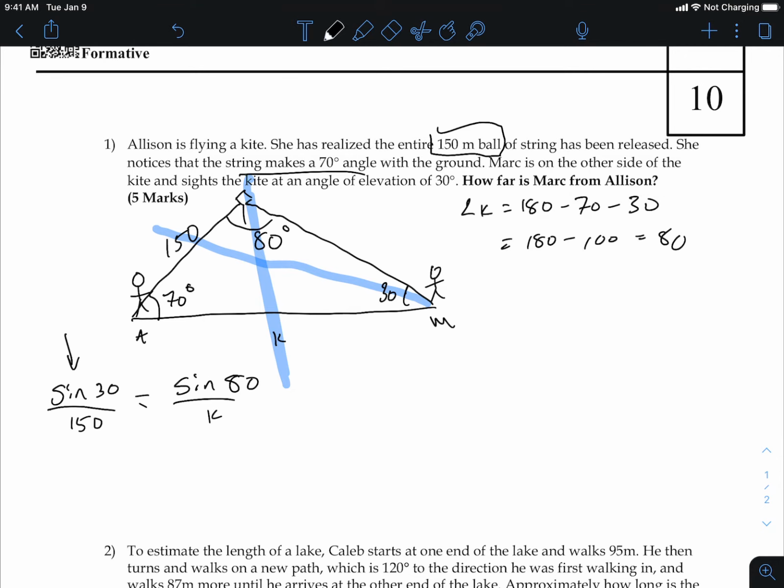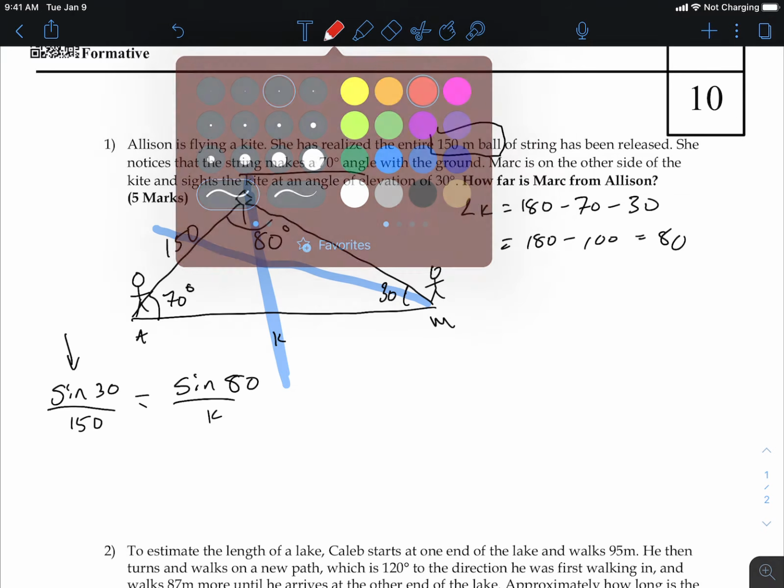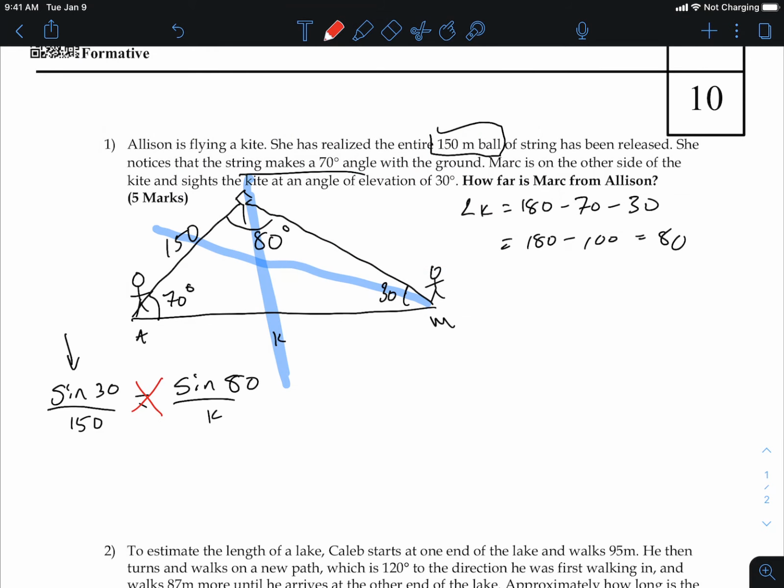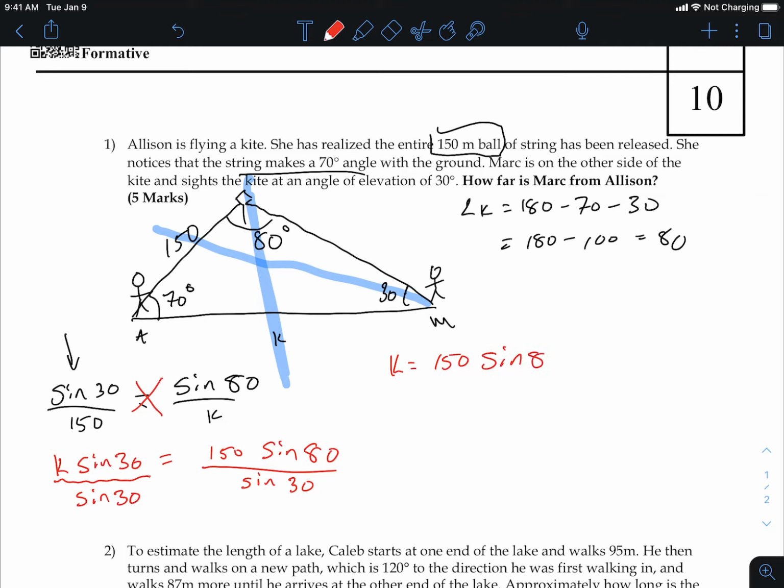Solve for k. All you've got to do is cross multiply. Okay, so we're going to get k sine 30 is equal to 150 sine 80. Divide both sides by sine 30. Right? You arrive at what k is, the distance. k is equal to 150 sine 80 over sine 30.